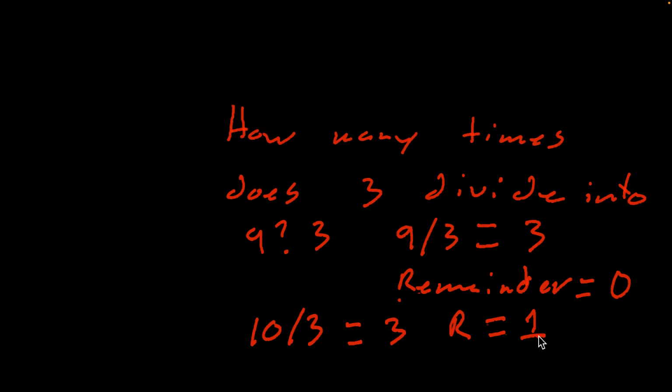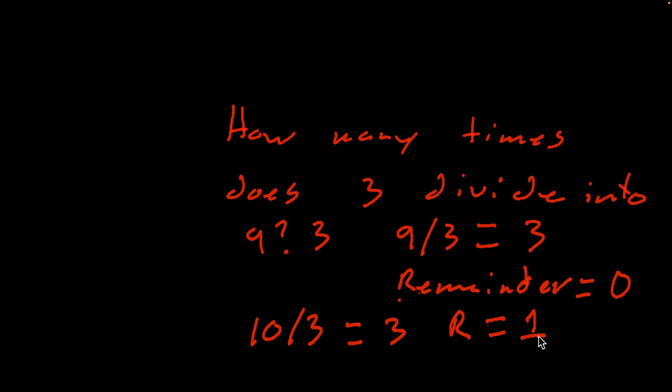So if we divide one whole number into another, and we have 0 as the remainder, then we know it is a multiple of that number. But if we have more than 0 as the remainder, if we have 1 or greater, then we know it is not a multiple of that number.